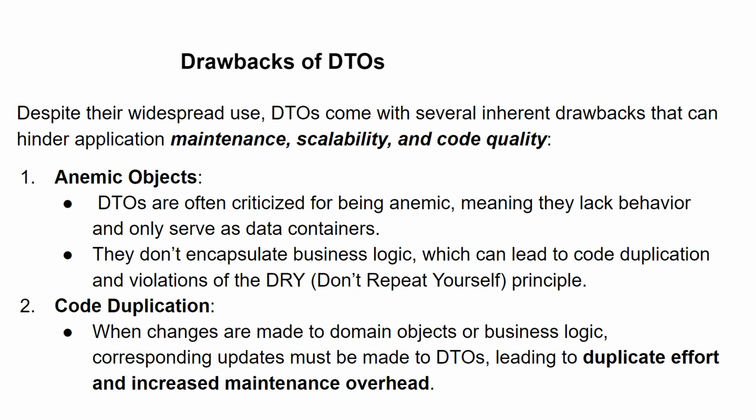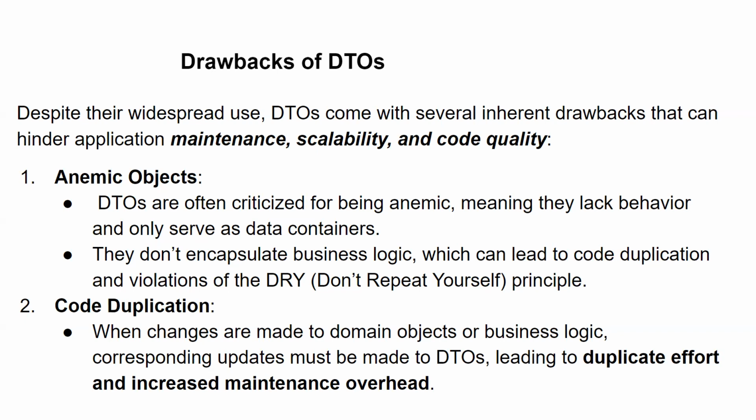So they don't encapsulate business logic, which can lead to code duplication and violation of the DRY principle, Don't Repeat Yourself. The duplication is repeating itself, so it's violating Don't Repeat Yourself. This is one reason.